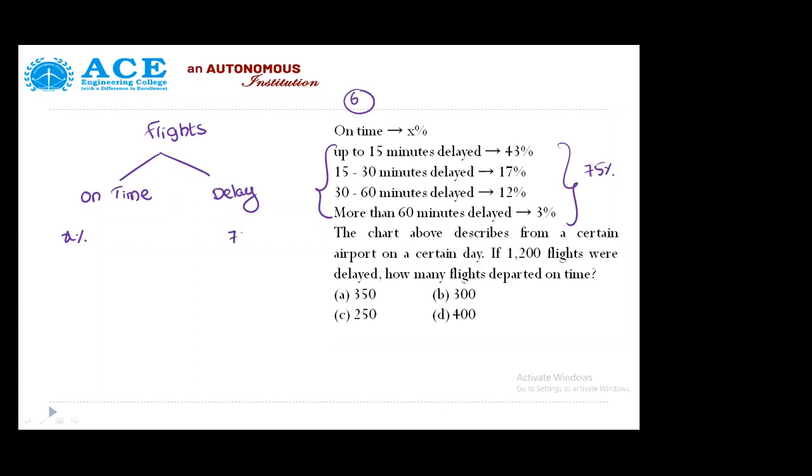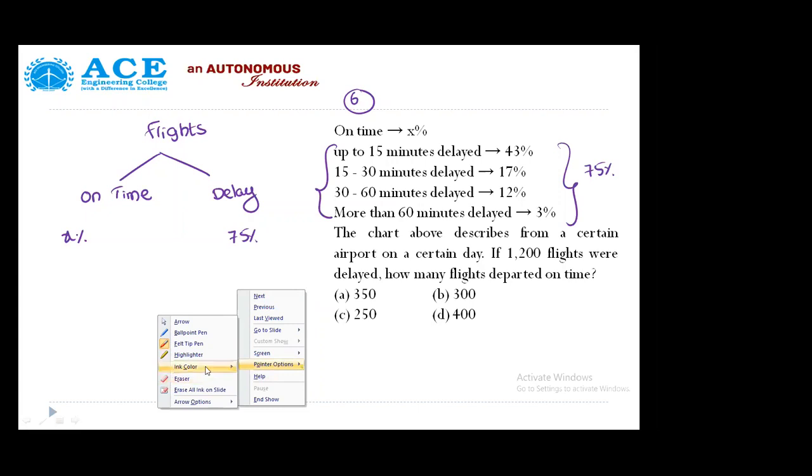So guys, whether it is 1 minute delay, 2 minutes, 1 hour or 2 days, it's a delay. That's it. So 75% are delayed. Now I can consider on time as nothing but 25%.